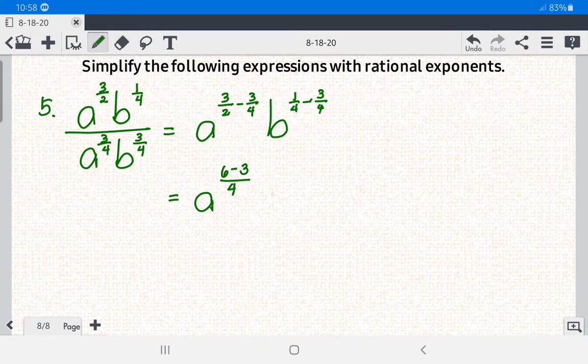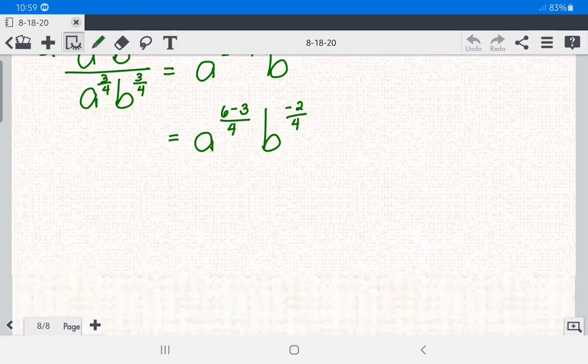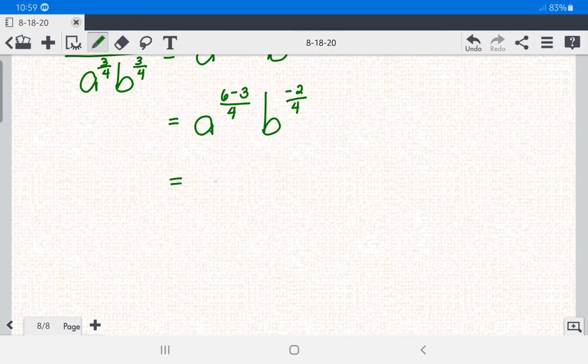Then, for b variable, since they are similar fractions, you will just copy the denominator 4 and then subtract the numerator. So, we have 1 minus 3, that is negative 2, right? Then, let us simplify: a raised to 6 minus 3, we have 3 over 4. Then b, let us get the lowest term, so that is negative 1/2.